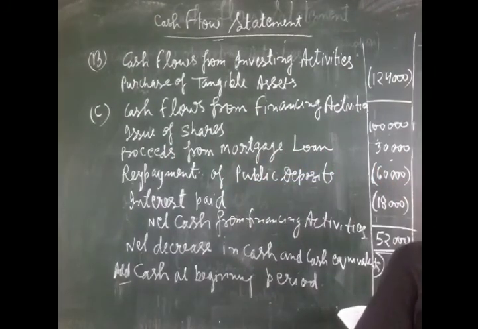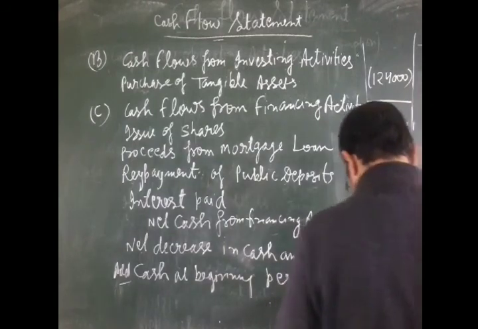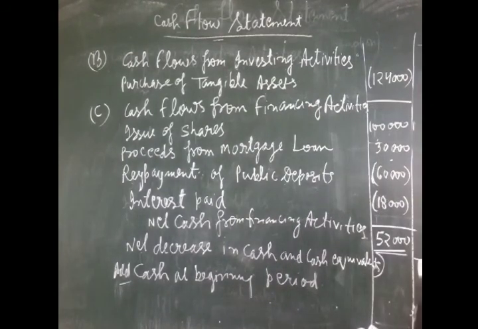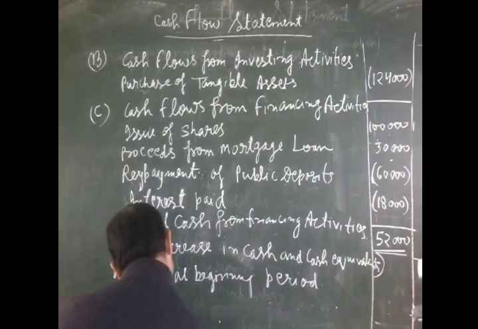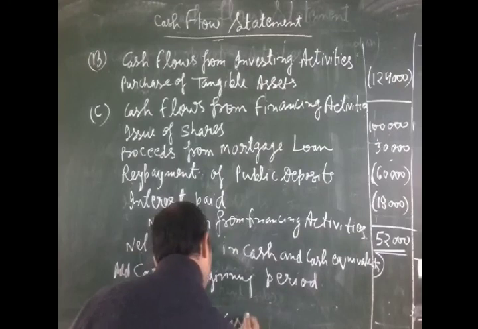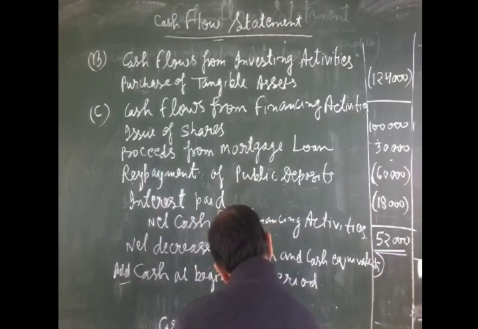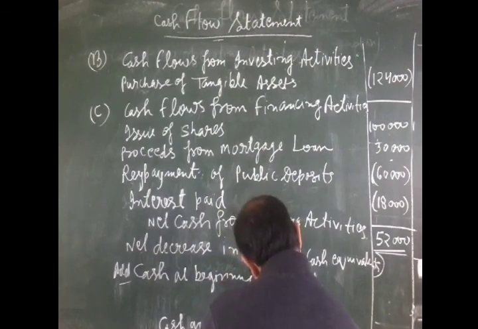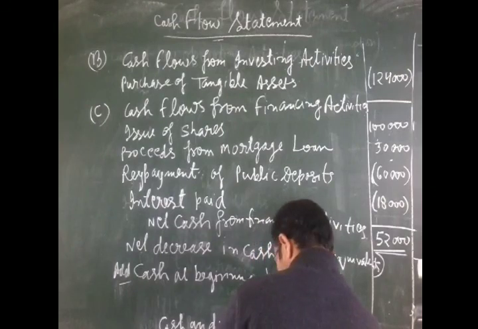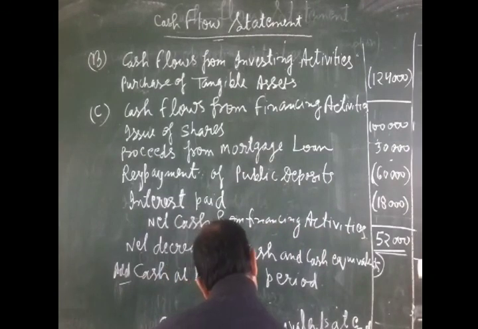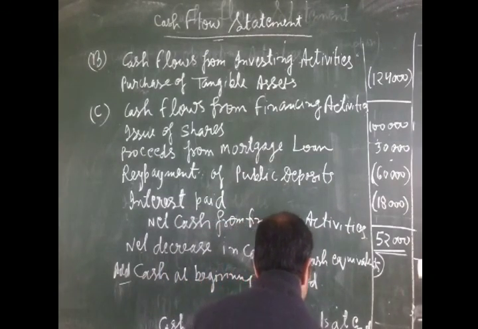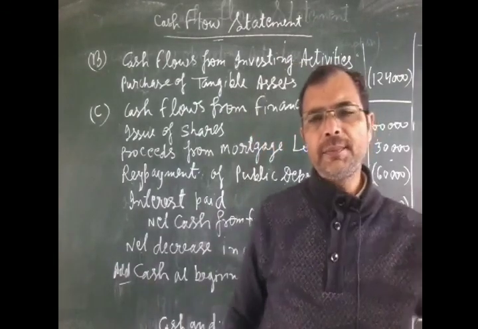The amount is given 80,000, and after doing this, we will solve. The amount will come 18,000, and this will be called cash and cash equivalent at the end of the period. Students, in this way we will solve the whole question.